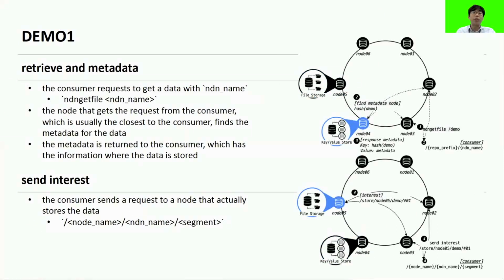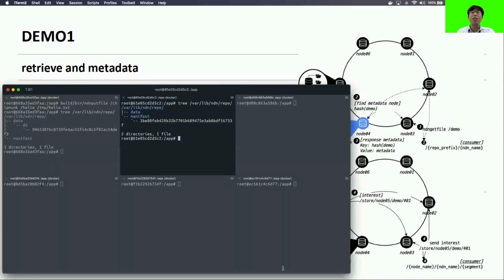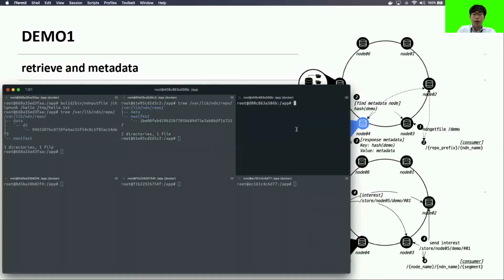Data consumers do not know which nodes have the data. Therefore, consumers request data using only the NDN name like this. NDN get file and just an NDN name, hello. Then the hash of the NDN name is used to locate the node where the metadata is stored.